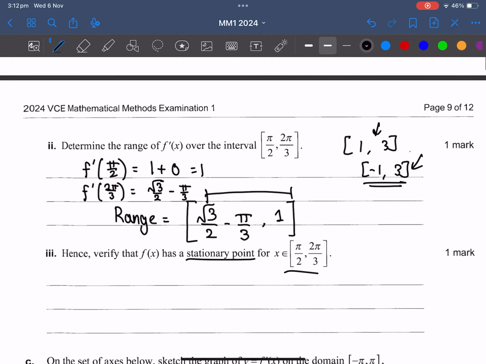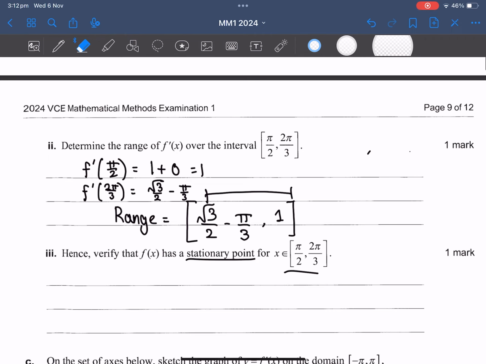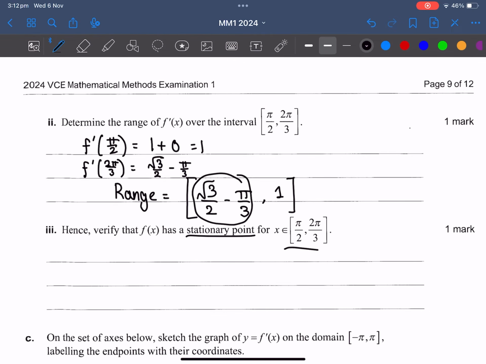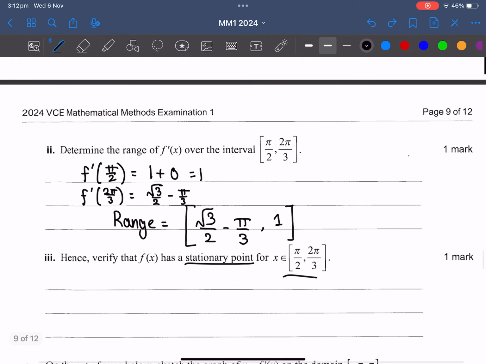So that means all we have to do is to prove that this term over here is going to be less than 0. Because whenever we are solving for the stationary point, we first differentiate the function and then we set it equal to 0. So if we set f dash of x equals 0, we obtain the stationary point.